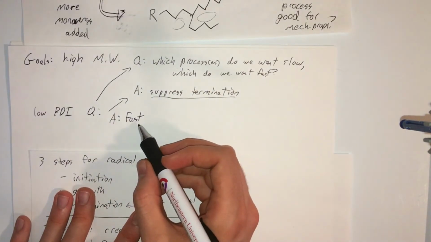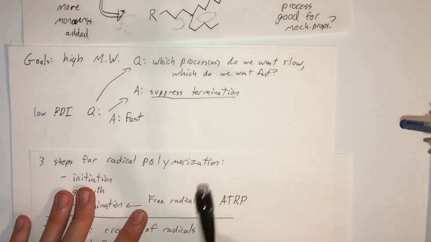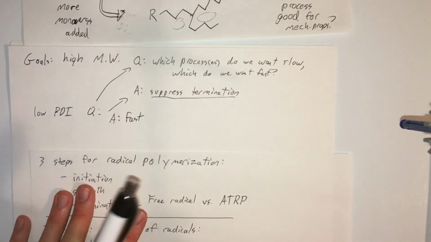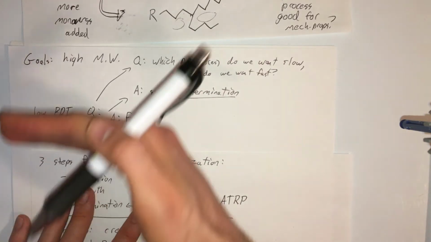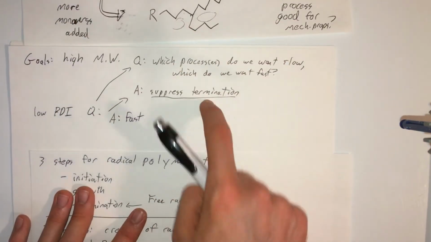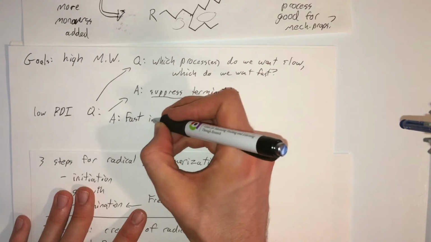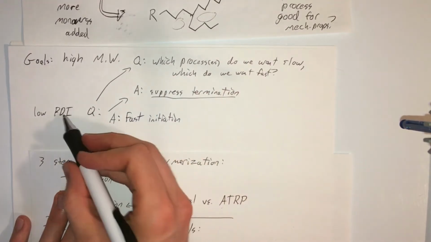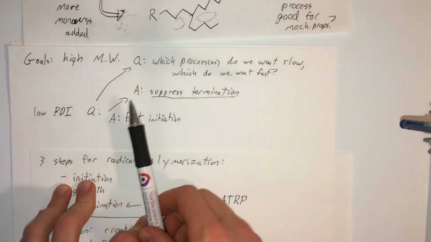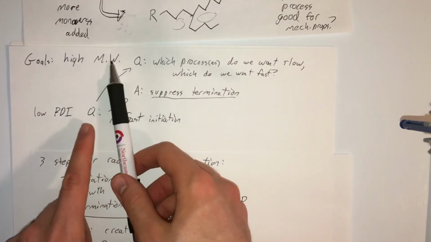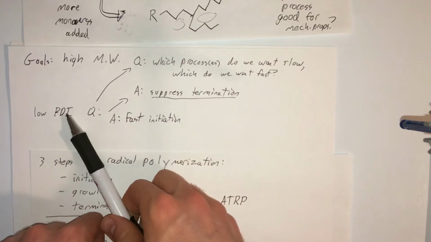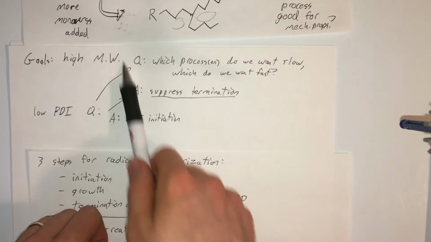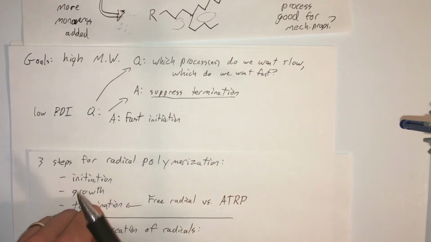If there's a fast initiation step, then all of the polymers start growing at the same time, and they all have approximately the same amount of time to grow before they're all terminated. So we want fast initiation too for polydispersity index. Oftentimes as engineers, we might have trade-offs between growing large polymers and growing less dispersed polymers with respect to how fast our initiation is, but for both of these things we want to suppress termination as much as possible.